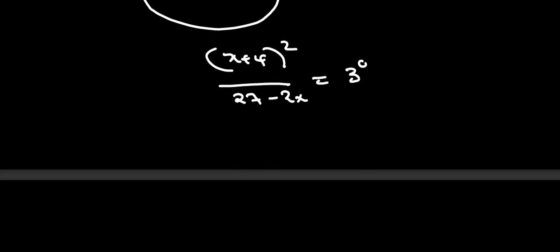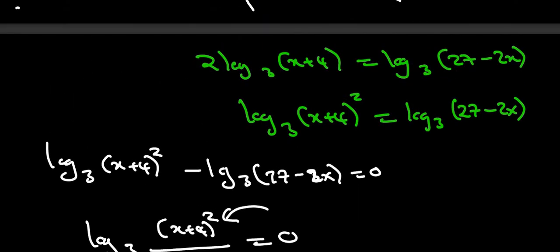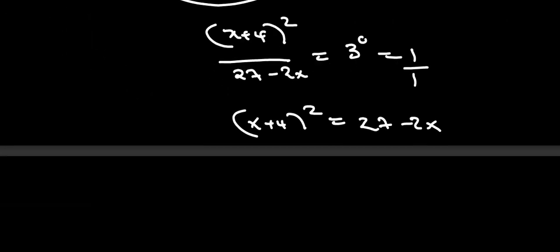It doesn't change anything because we still have our (x plus 4) squared is equal to 1 times this bottom part, which will still be 27 minus your 2x. So you see, unlike just cancelling the log here, unlike cancelling this and then equating them, you see how we have nicely shown how the log is going to cancel out.